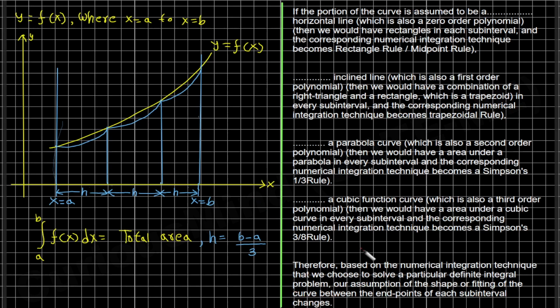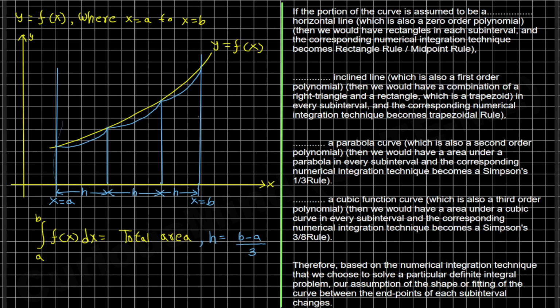What that means is that based on the numerical integration technique or its rule, the type of curve that we assume instead of the actual curve of the function f(x) changes.